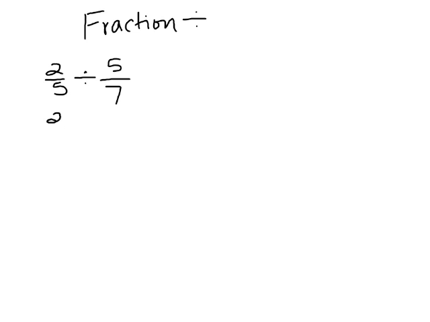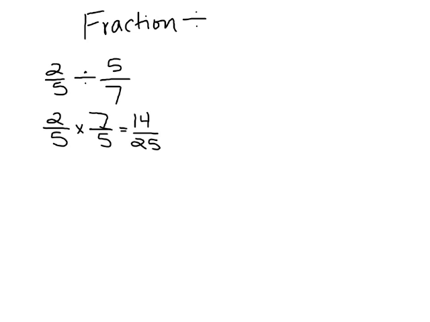So this turns into 2/5 times 7/5. So my values just swap. Will any of those terms simplify? No. Okay, so then multiply straight across. So 2 times 7 is 14. 5 times 5, 25. Does that make sense? When we multiply, we use the reciprocal.